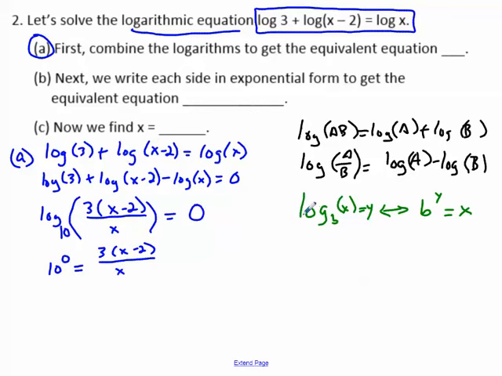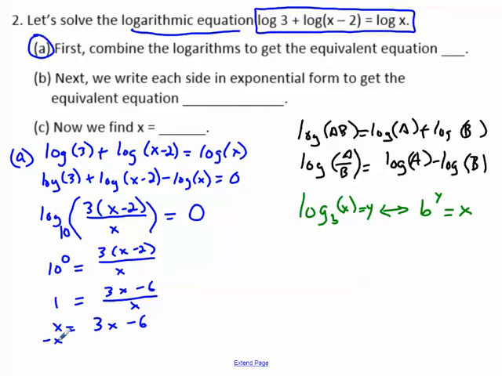So we're just using our green rule here, and now we're going to change the log equation into an exponential equation and solve that. Let's start with 10 to the 0 equals 1 equals, let's expand this, 3x minus 6 over x. From here we can multiply by x to get rid of our denominator. x equals 3x minus 6, and we just solve that.